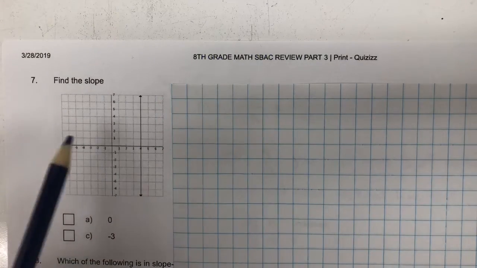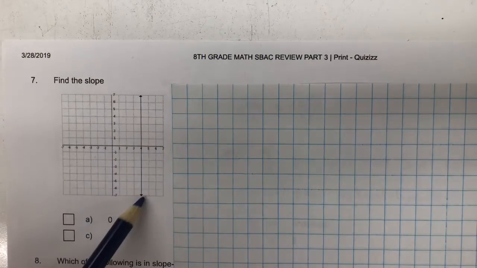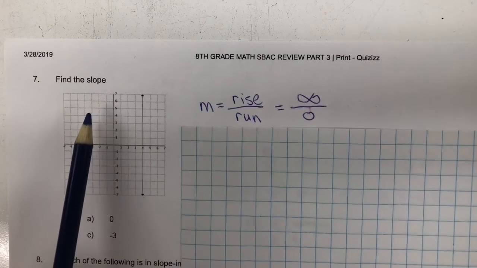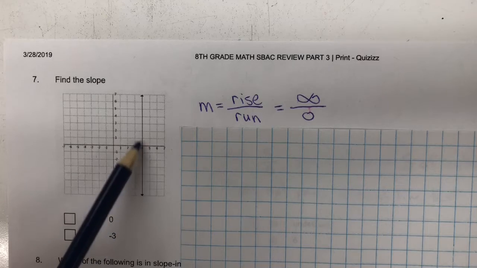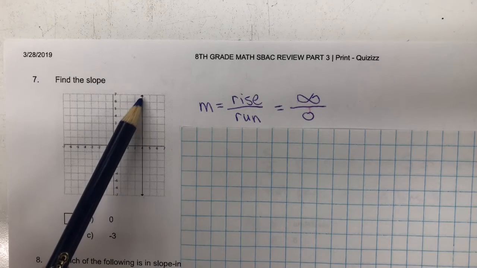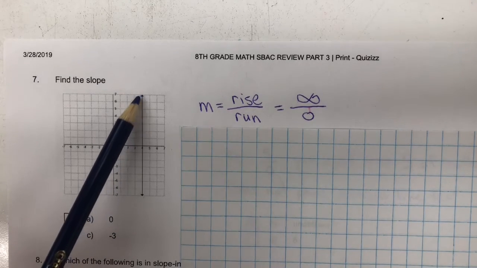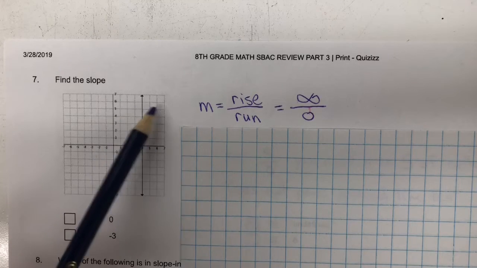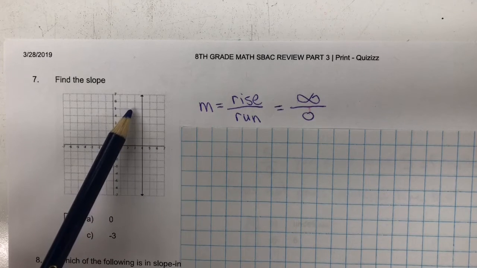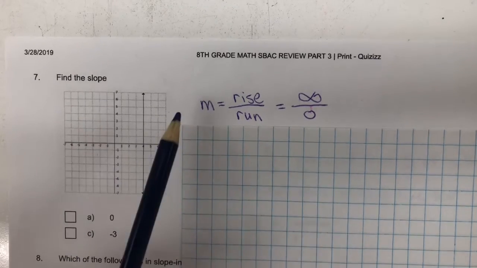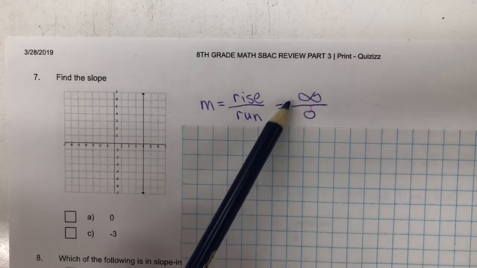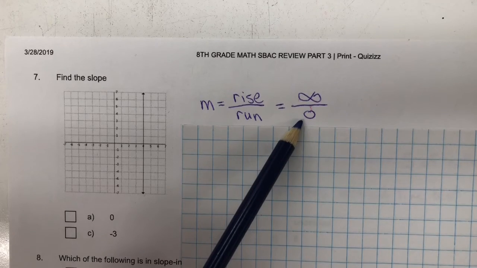For number 7, we're going to find the slope of this line. Well, again, slope is rise over run. So I'm rising, and it's going to go on infinitely, my rise, but my run is 0. I'm not going to the left or to the right. So you can't have something of nothing.